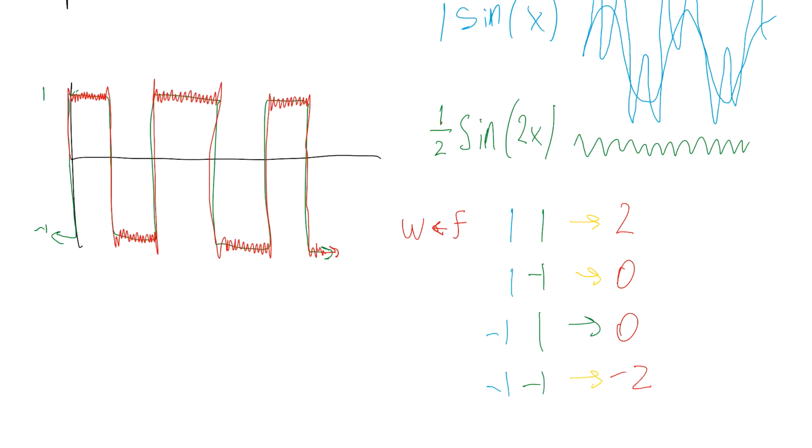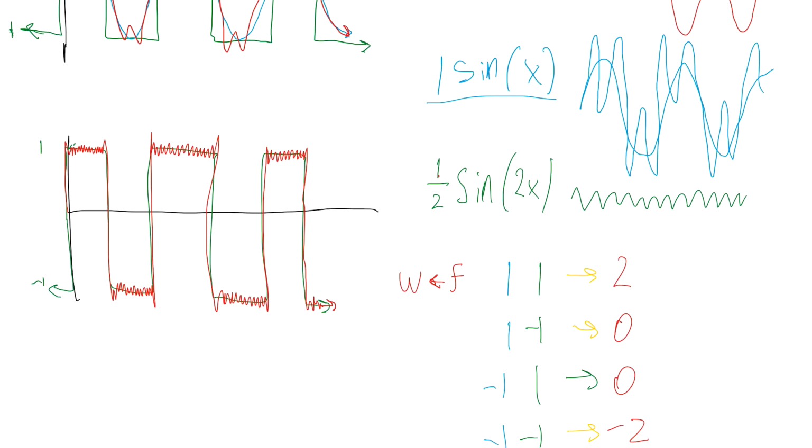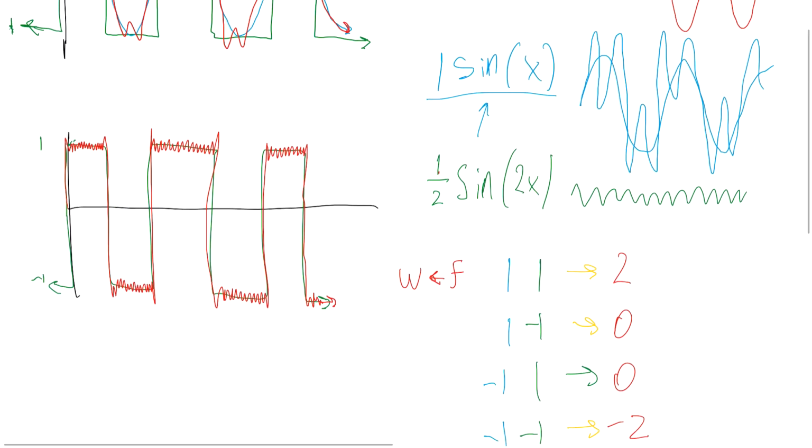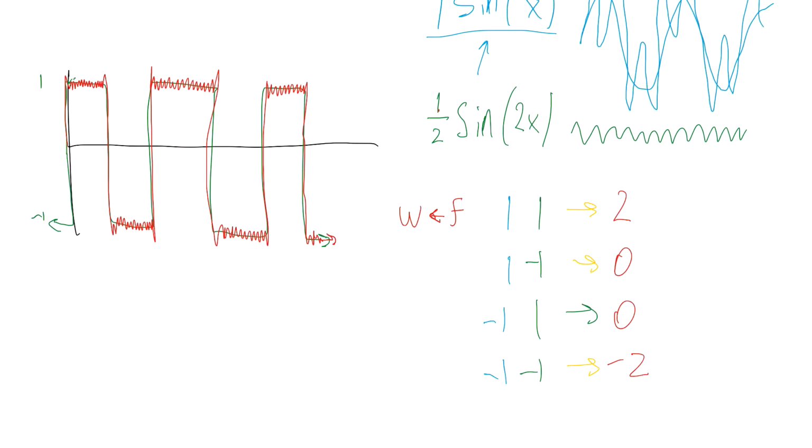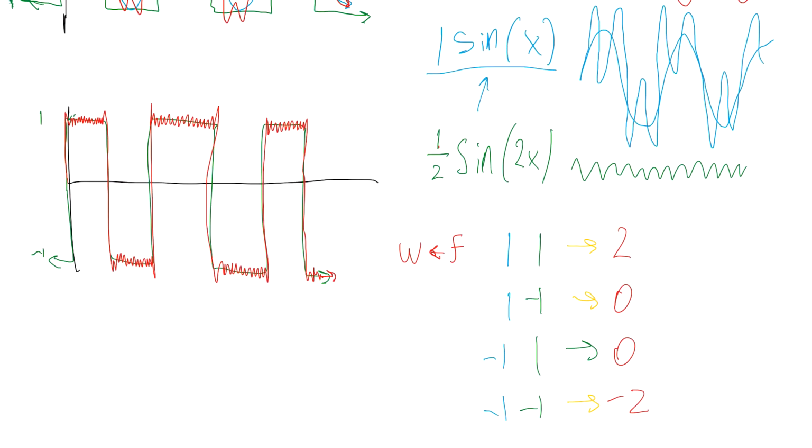Your frequency is going to be very high for the smallest components, and the lowest component, let's say sine x, is going to have a very low frequency. That's going to have the highest amplitude, I mean. So this is what it looks like, somewhat.